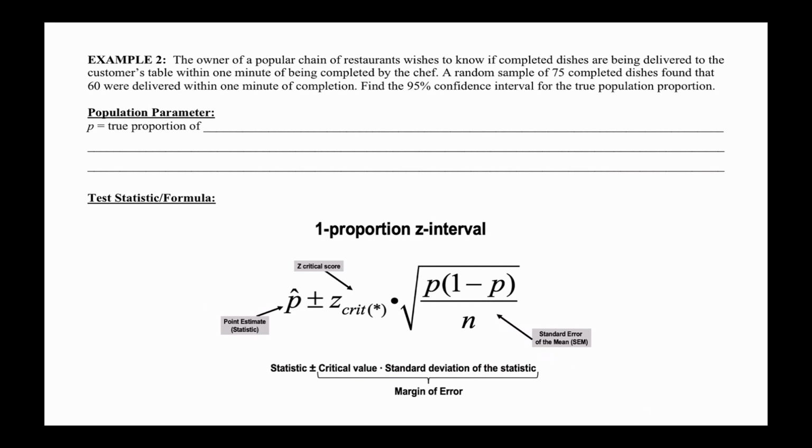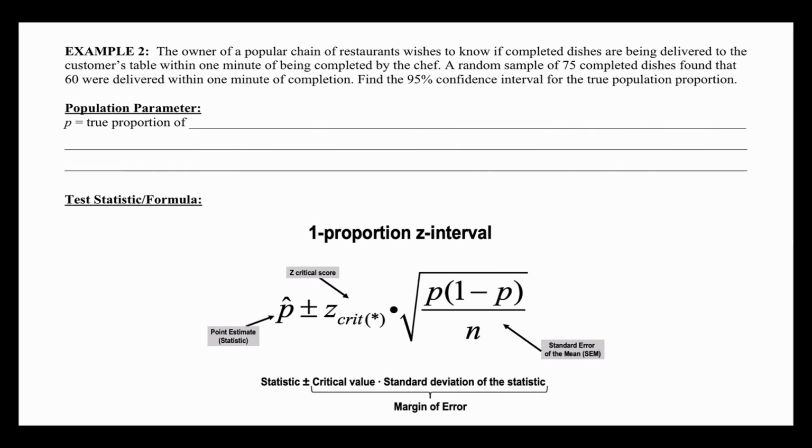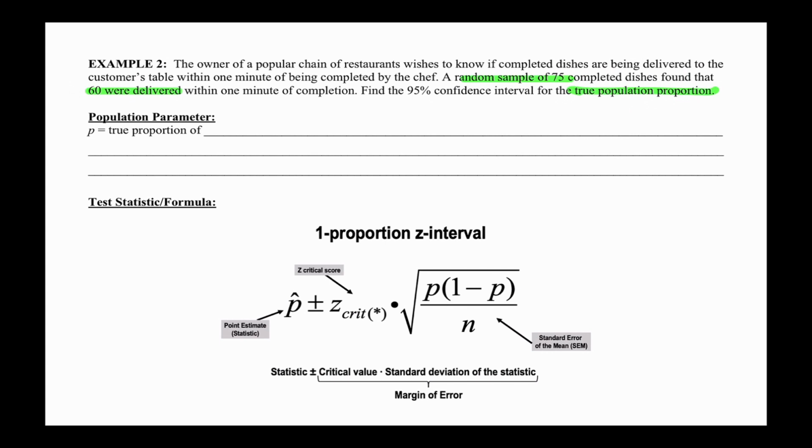So the first thing, it's proportions, right? We know it's proportions because you see proportions all over the place. Right there, 60 out of 75 is a proportion, which is 0.8.